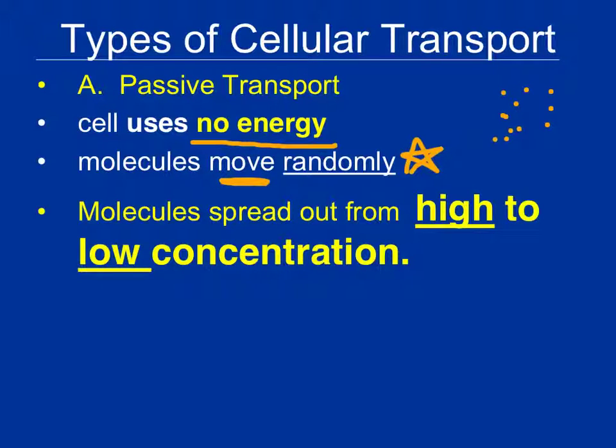They're bouncing into each other, kind of like pool balls or billiard balls bounce into each other on a pool table. And so when they do that, they start knocking each other around and they start spreading out. For that reason, without the use of energy, molecules are going to spread from where they are highly concentrated to where they are less concentrated.